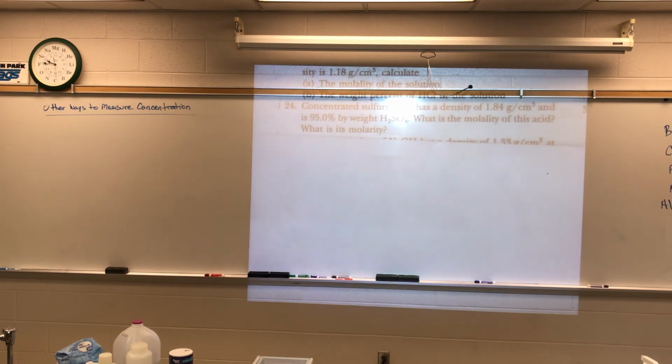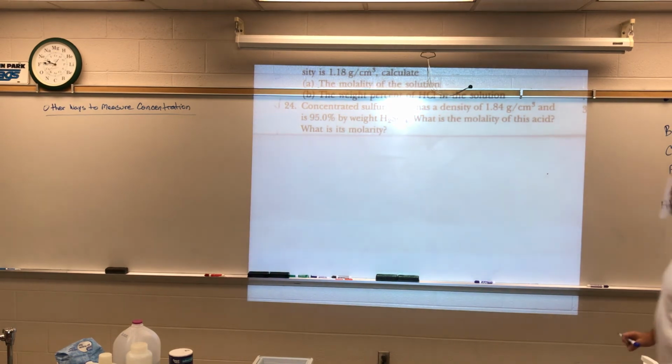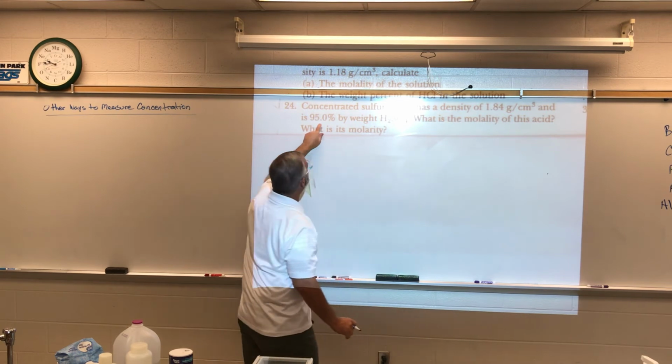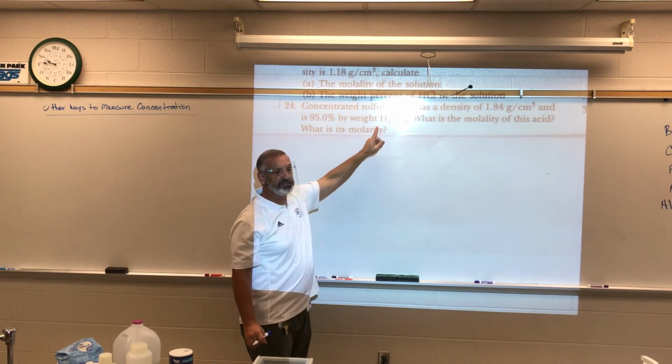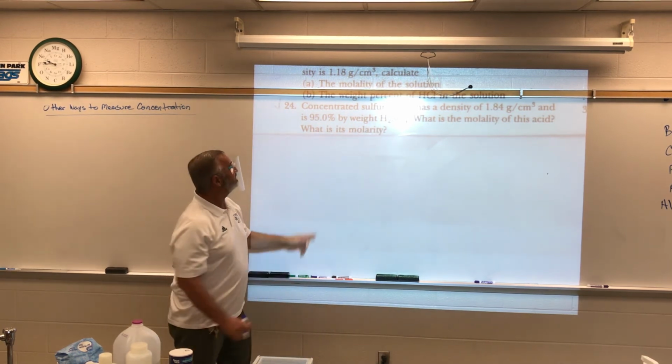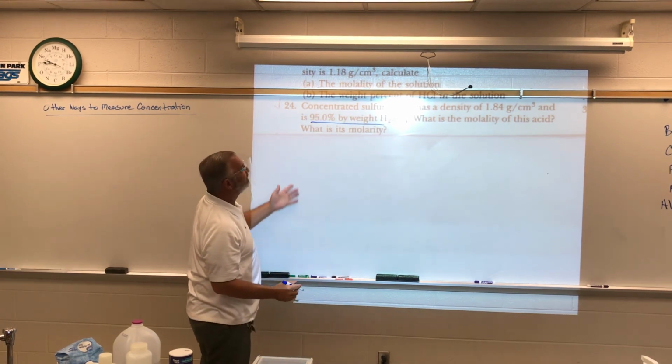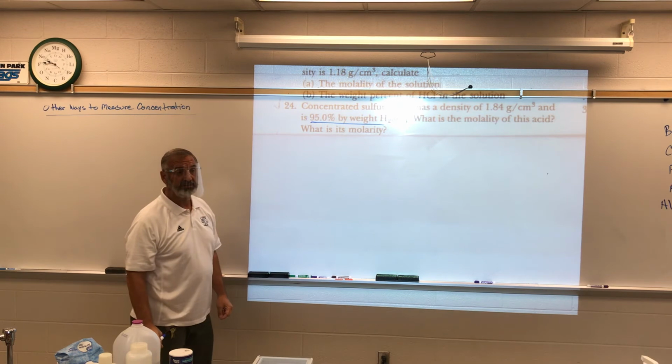All right. So this one says that concentrated sulfuric acid has a density, notice they give you the density, and a 95% by weight H2SO4. So this is my given right here. What is the molality? What is the molarity?